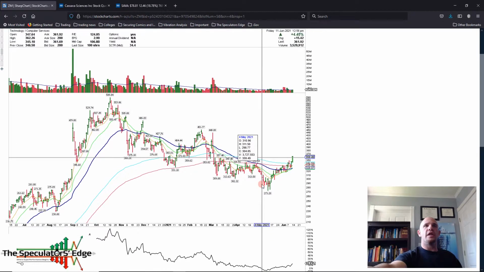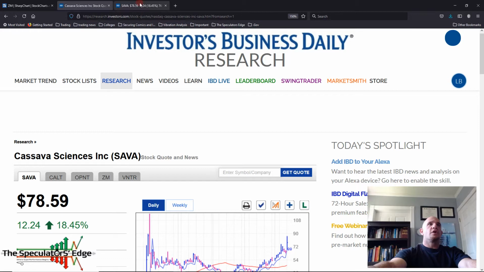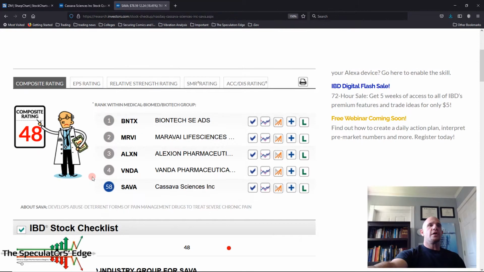So, other than that, we're going to go ahead and dive into the fundamentals of these stocks. We're going to start off with SAVA here, and SAVA's composite rating is 48. This one is ranked number 58 within its peers, within its competitors. Not so great.